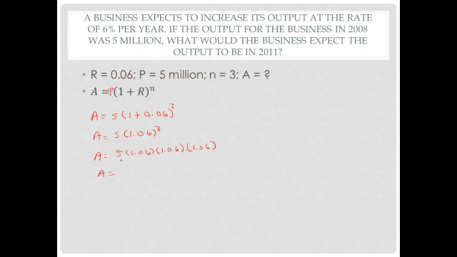And then we will multiply 5 times 1.06 times 1.06 times 1.06 to come up with the amount of about 5.96. And remember, we were dealing with millions, so I need to add the word million to the end. 5.96 million after the 3 years. So again, we just fill in the formula, principal times 1 plus the rate raised to the nth power.